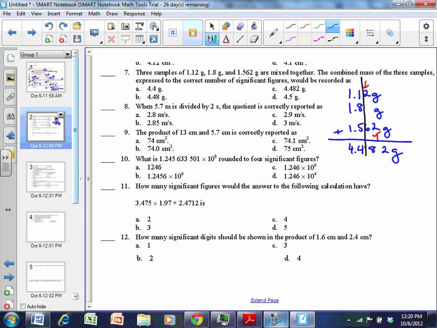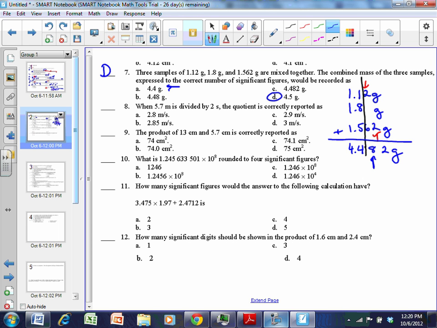I have to report my answer to the tenth place because of the 1.8 gram measurement. Since this is greater than 5, I'm going to round that up to 4.5 grams. So the best answer is D, 4.5 grams. Don't be falling into this trap of 4.4. Okay, D is the answer to number 7.